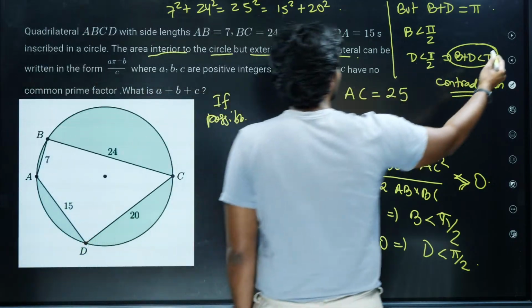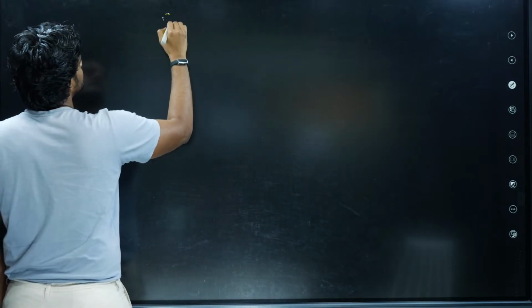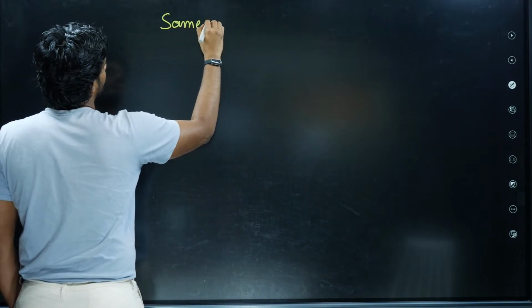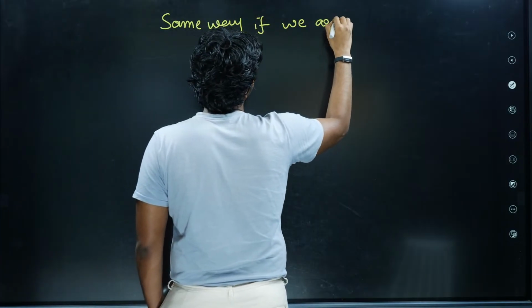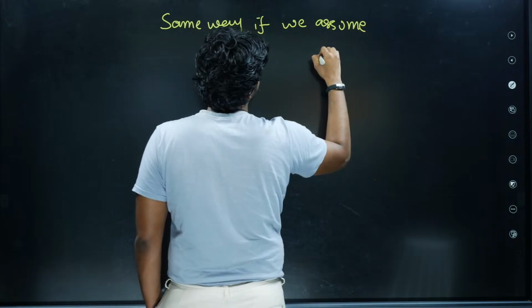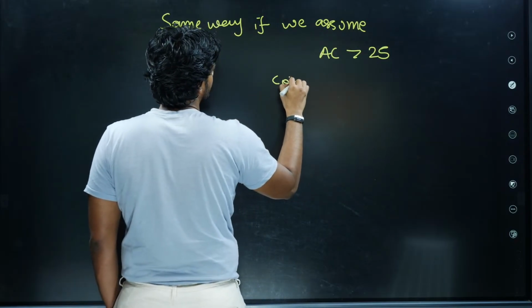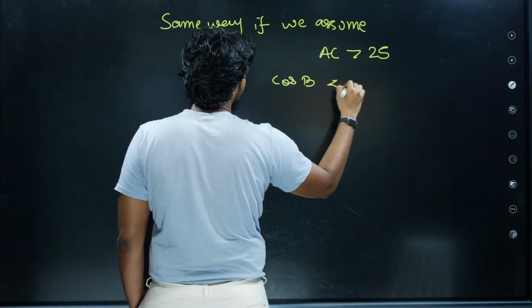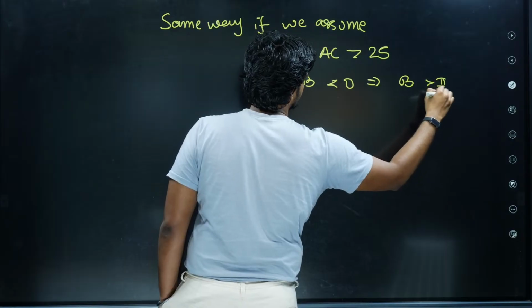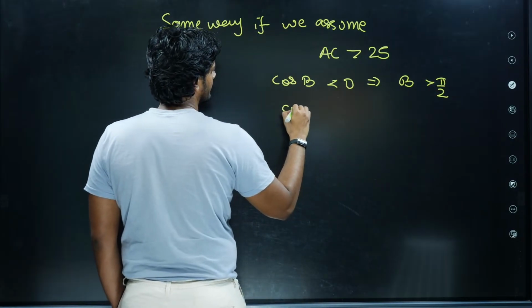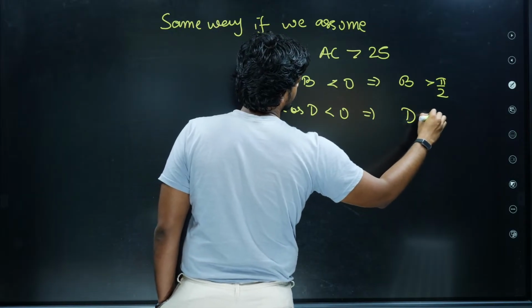So similarly, the same way, if we assume AC to be more than 25, we'll get cos B to be less than 0, implying B is obtuse, and cos D to be less than 0, implying D to be obtuse.